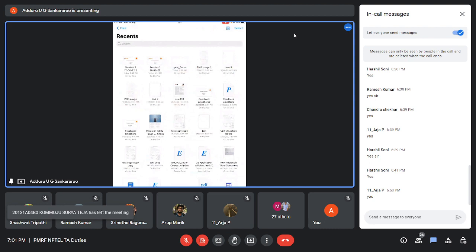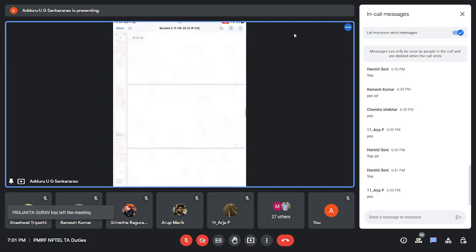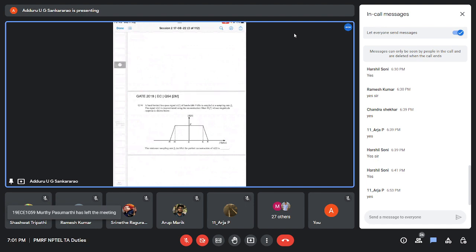So this is the question. Now we need to find out for what sampling frequency we can successfully reconstruct the signal.